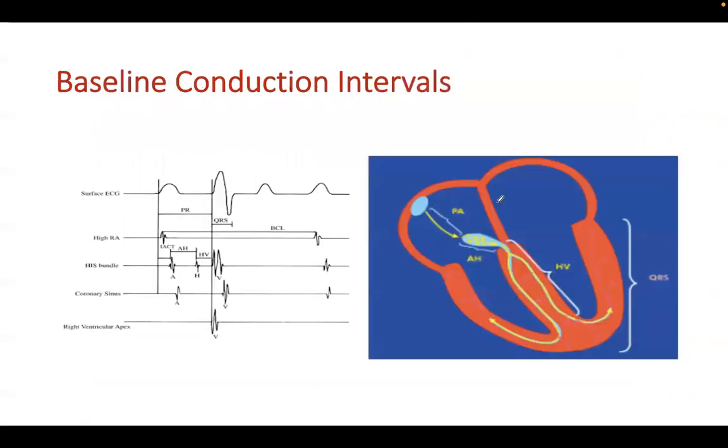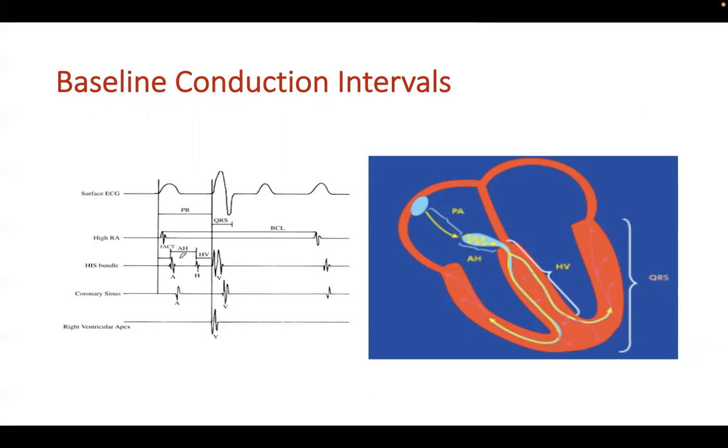Now our catheters are in position. We often skip this step, but we should try to make it a routine of measuring the basic intervals. You have your A, your H, and your V in the His bundle catheter.